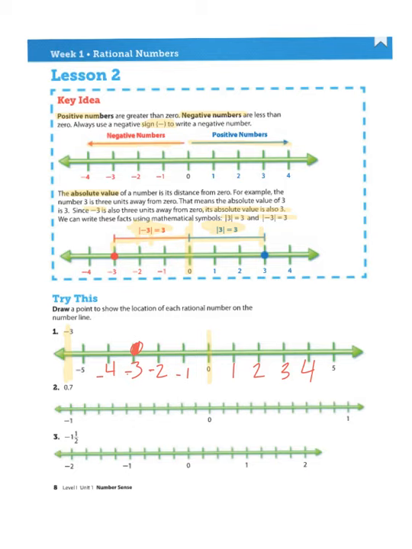Number 2, 0.7, that's a positive 0.7, so my answer can only be in this range over here, between that 0 and 1.